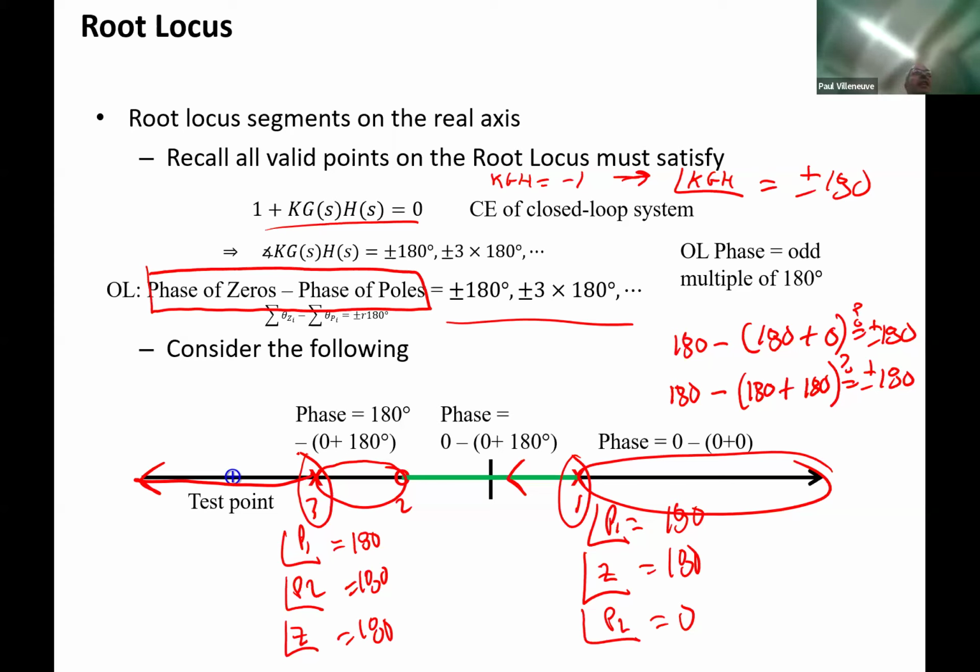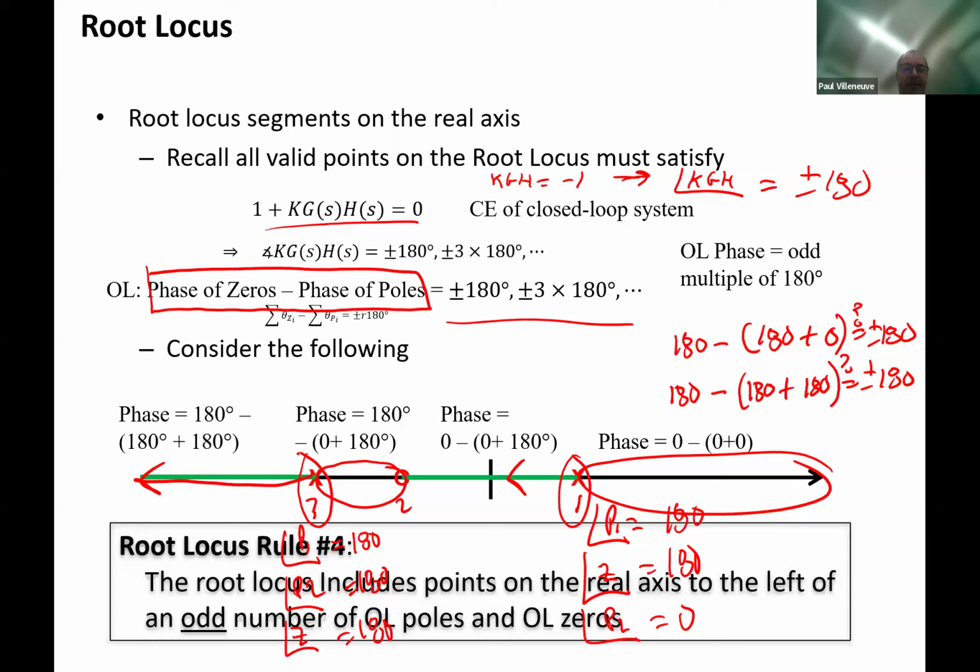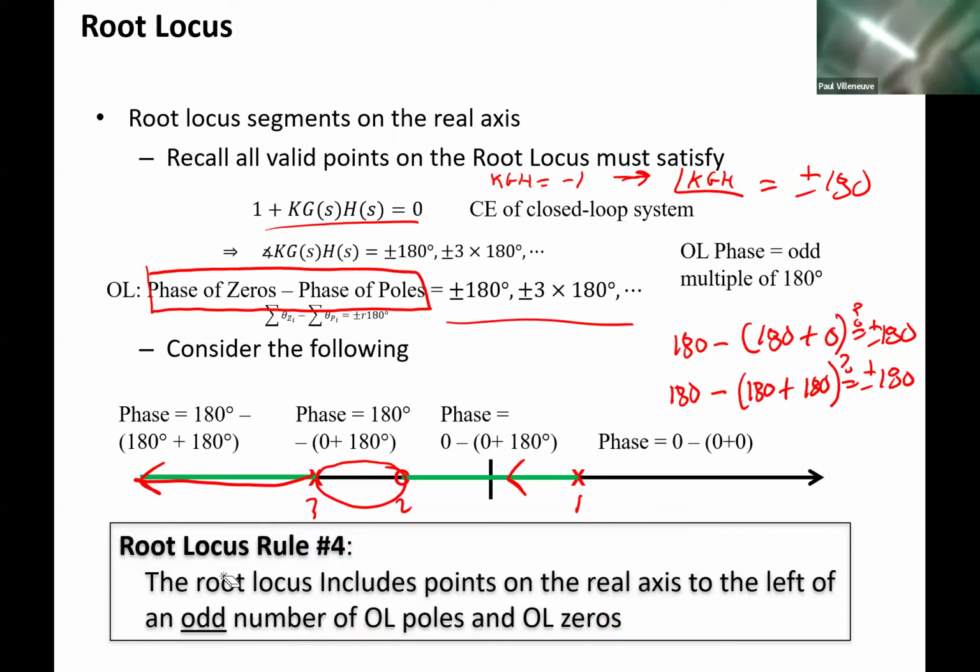Doesn't it exist to the left of that? Always true. So on the real axis, where does it live? To the left of an odd number only.